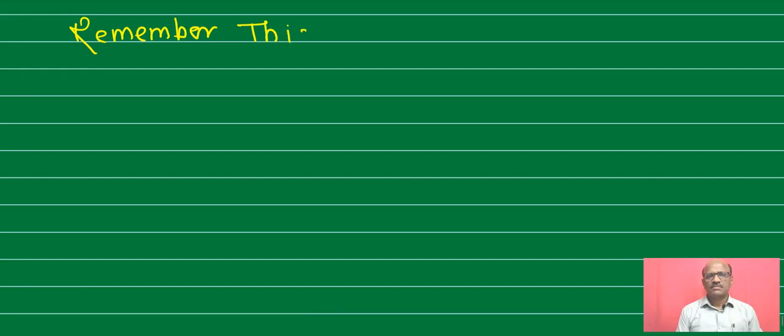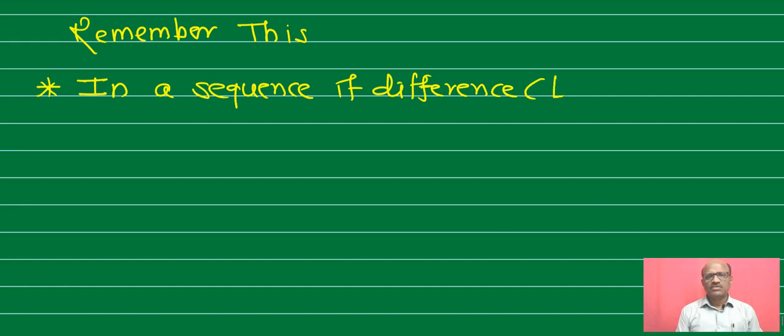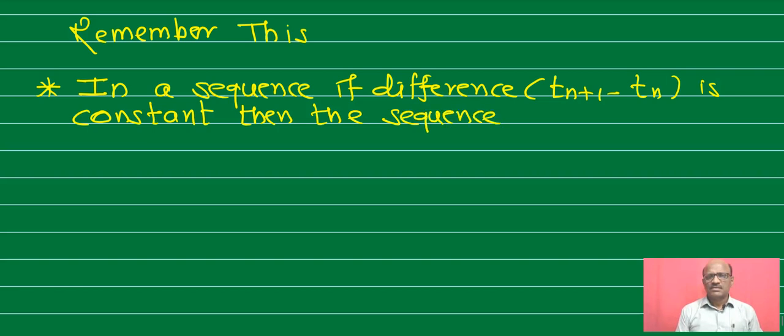Remember, काय लक्षात ठेवायला पाहिजे, that is, in a sequence if the difference is a constant, that is, T suffix n plus 1 minus Tn is constant, then the sequence is called an arithmetic progression.